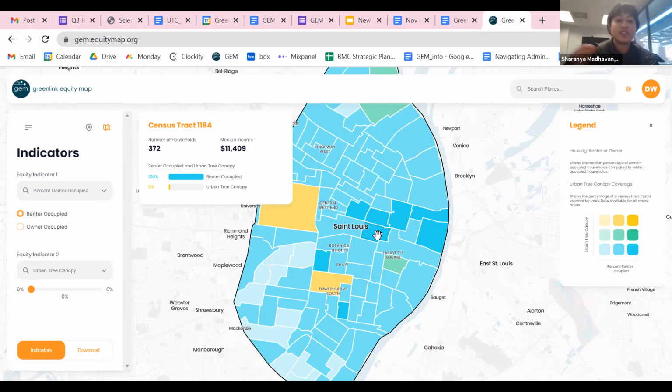I'm going to explain this in somewhat simple terms. We went through an in-depth satellite imagery analysis. My background is in remote sensing and satellite imagery analysis. We essentially use the satellite imagery to figure out tree canopy cover in these census tracts.